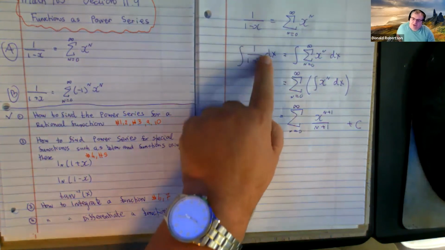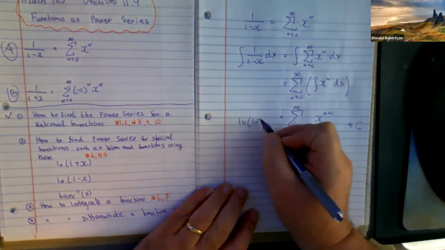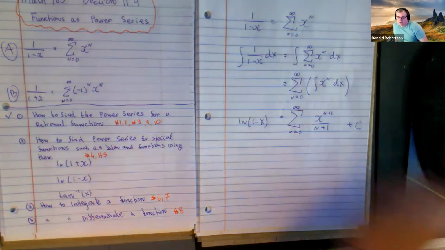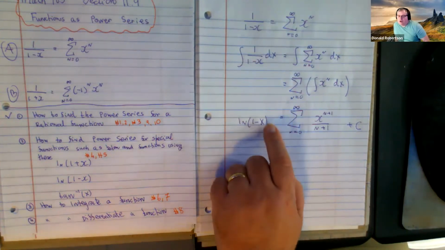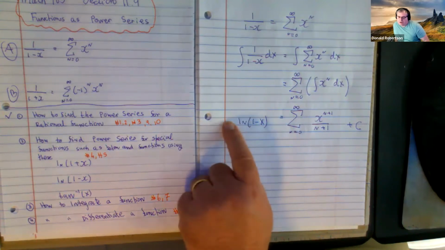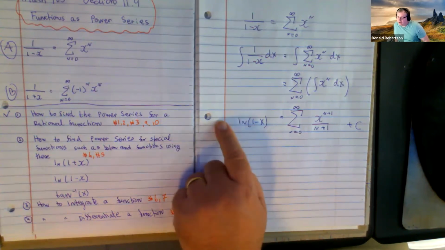If I asked you to integrate 1 over 1 minus x, you would get the natural log of 1 minus x. Agreed? Integrate that guy. What else would you get? Because there's a little minus x here. What else would I get outside? An extra negative. Great. If that was 2x, I'd get a half.